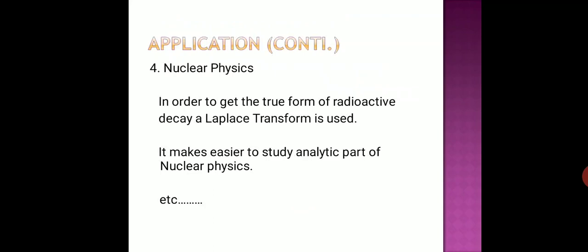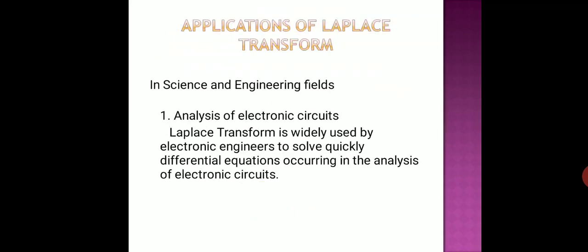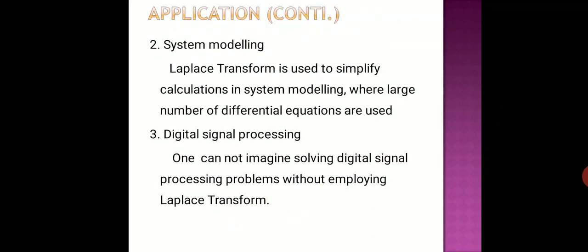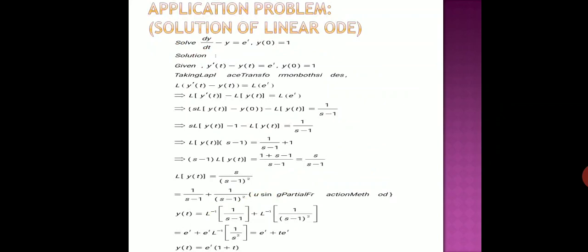In growth and decay methods, radioactive decay, and planetary motions, directly or indirectly we are using Laplace transformation. These are the applications of Laplace transformation: analysis of electronic circuits, system modeling, digital signal processing, nuclear physics, etc. There are a lot of applications.